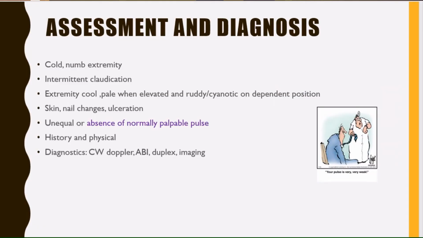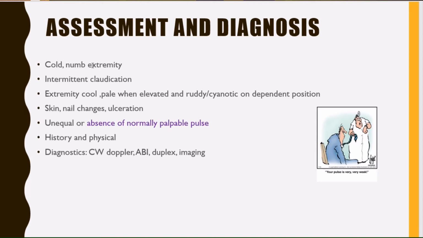What are some of the assessment and diagnosis? So assessment findings are basically the same as we described earlier: cold, there may be numbness, remember the 6 P's: pain, paresthesia, pallor, pulses, and then paralysis.